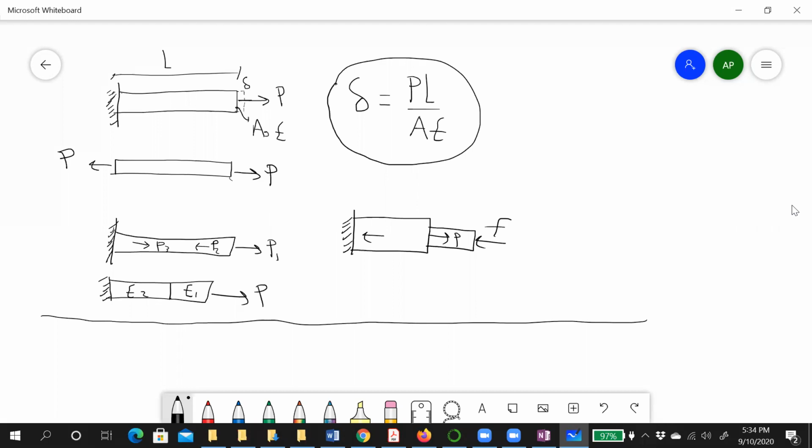Now, if you have an actual structure under actual forces with different lengths, segments, cross sections, and moduli of elasticity, how can we solve the problem?